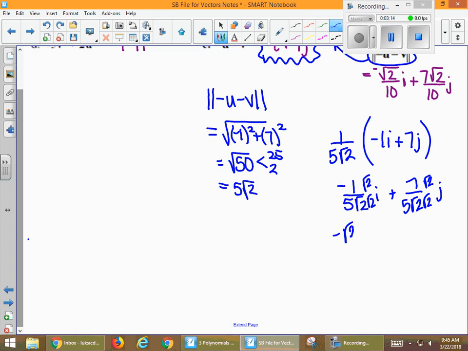So negative radical 2 over, this is your denominator here, ends up as 5 times 2, right? Your radical 2 doesn't go away. You're doing radical 2 times radical 2, which is 2. So 5 times 2 is 10. And you have your i there. And then 7 radical 2 over, again, 5 times 2 is 10.